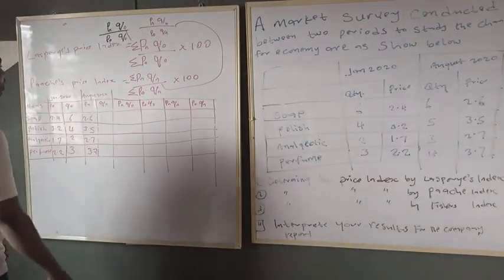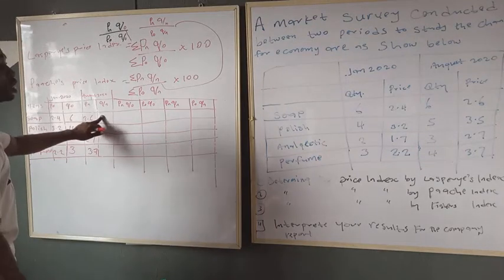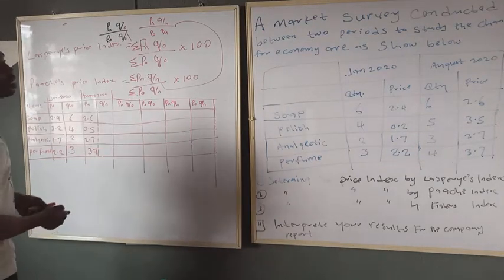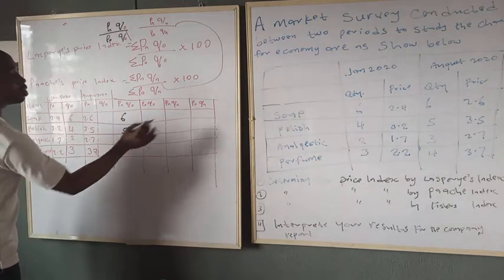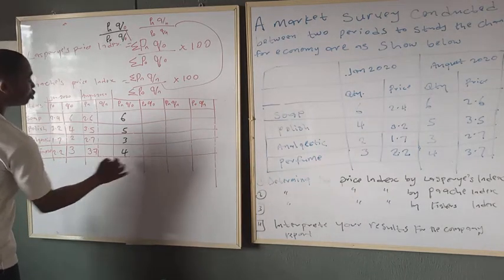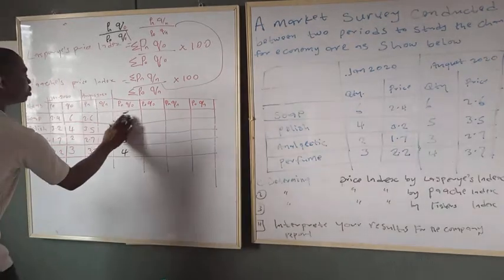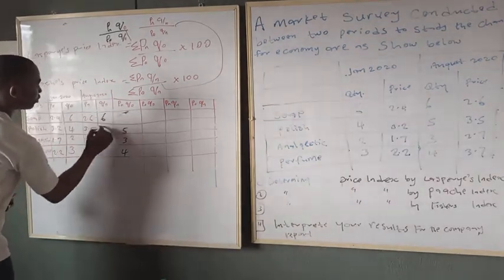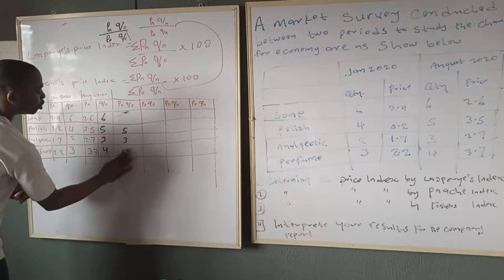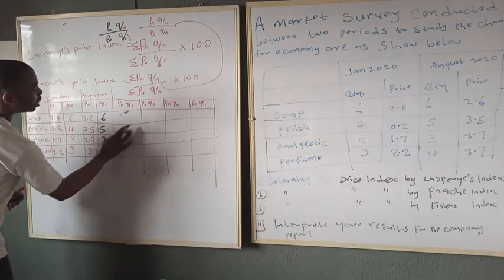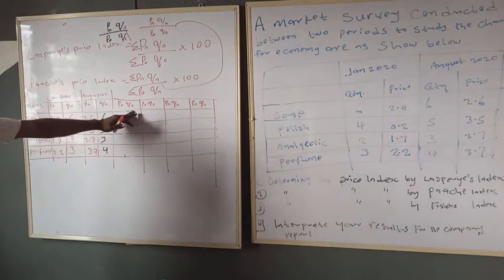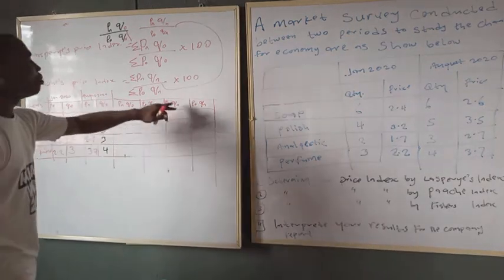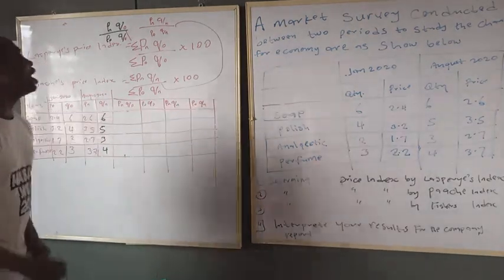Now from here, the QN, we have 6, 5, 3, 4. So from here, we can now derive our PN QO, PO QO, PN QN, and PO QN.